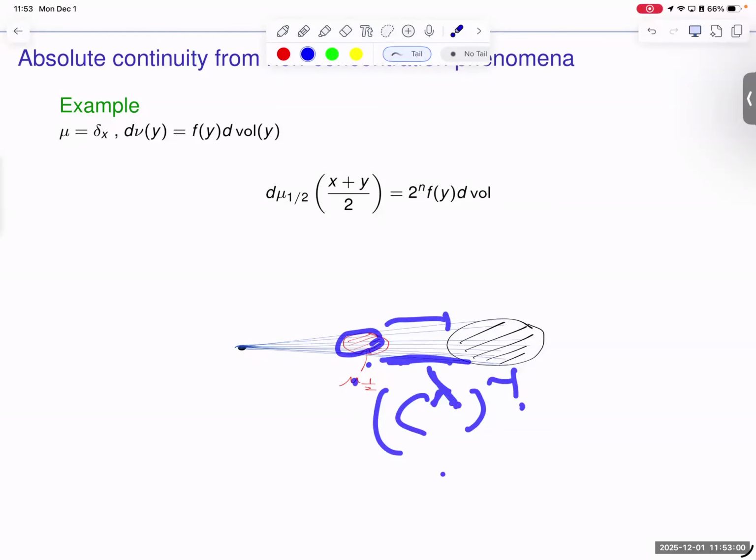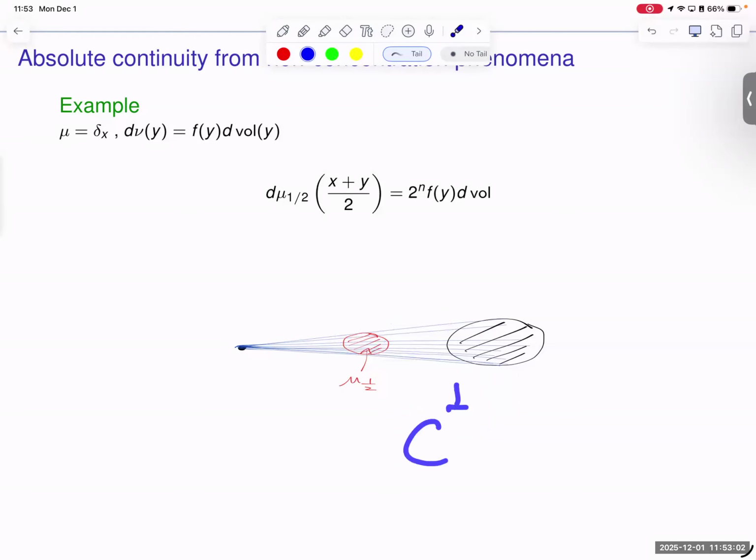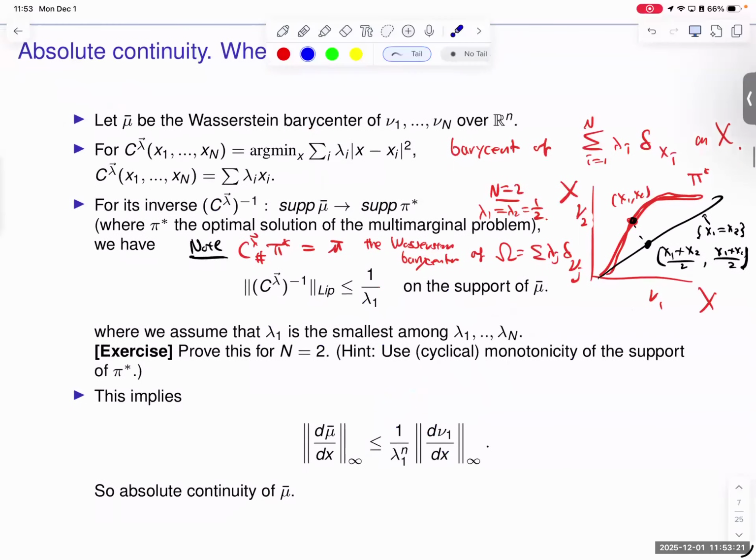In this case, lambda equals 1/2, so C half inverse, that's what this is. And then this mapping is Lipschitz. In this case, the Lipschitz constant is, sorry, the Lipschitz constant is 2. So that's why you get that. So then you have the same thing here. Okay.